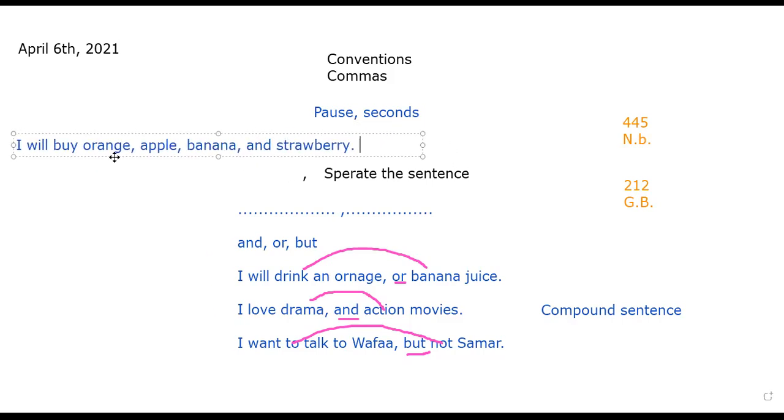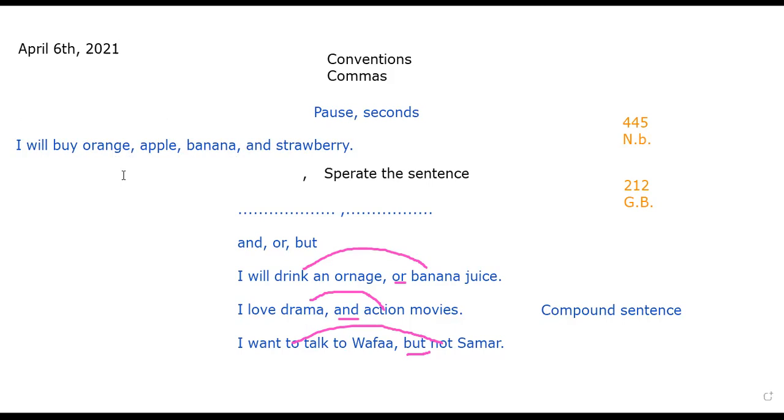Imagine it as a list. I have four things in the list: orange, apple, banana, and strawberry. In between each one of these items, I have to put a comma. Why? Because this is how I make my talk and my sentence in order, so the person in front of me will understand that there's a list that I'm talking about.